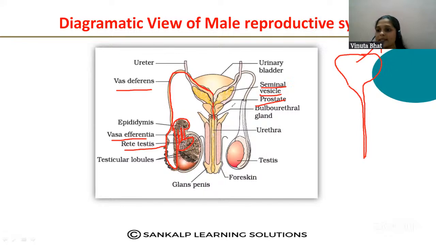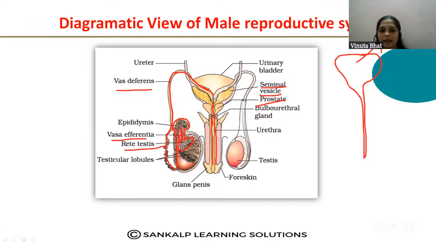You may know that in males it is called the urogenital system. Why? Urine and the sperms pass through the same canal, right? So that is through the urethra. Look here, this external structure is called the penis, and inside the penis this urethra is present. Through this penis, the same sperms and the urine both pass through the same structure called the urethra.